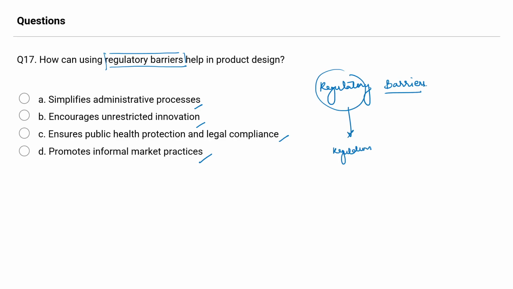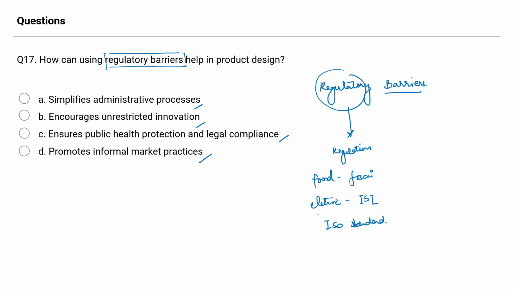For example, if you are in a food industry, you will have to take certification of FSSAI. If you are in terms of electric appliances or things like that, you have to take ISI mark. Then there is this ISO standards as well, which you have to take into consideration.